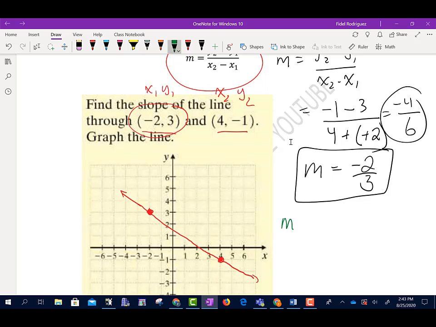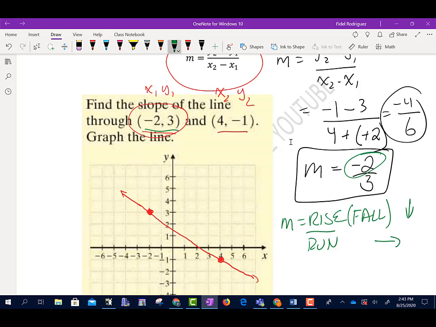Now, a lot of times what we call the slope, you may have heard this before, we call it the rise over the run. Sometimes we say the fall. Okay. Reason I'm putting the fall is I want you to look at my top number. My top number is a -2. So what I'm going to do is from my first point that we had here, I'm going to fall 2 spaces down, and then I'm going to run over to the right.